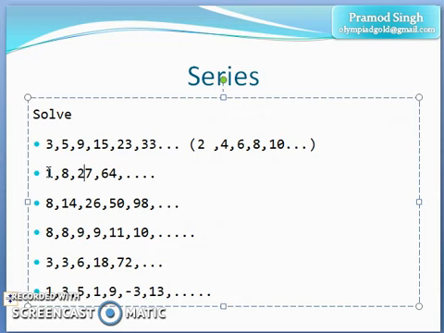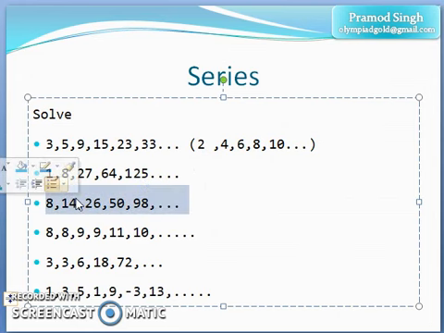Let's talk about the cube. 1 cube is 1, 2 cube is 8, 3 cube is 27, so 4 cube. So it's actually the cube of a number. So this is 4 cube and this will be 5 cube. 5 cube is 125. So that's the answer.